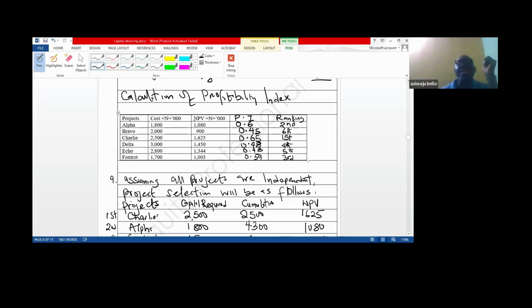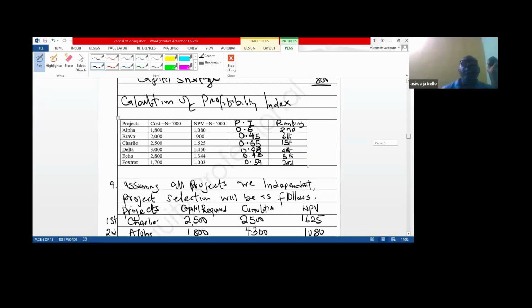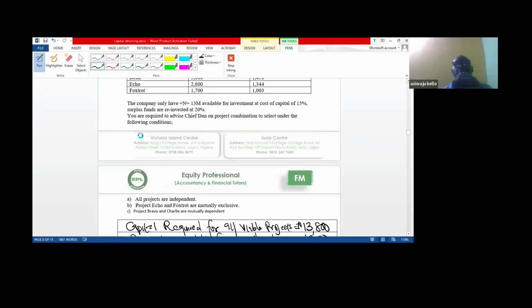Calculation. Return will be 20% of 1,200.